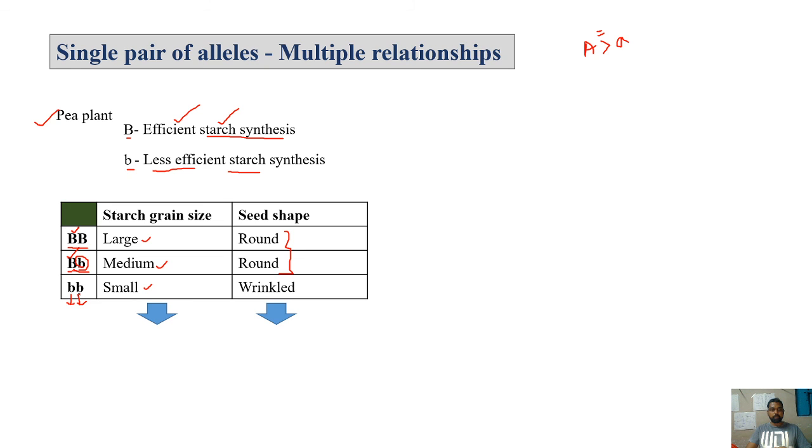But when it is small b small b, the seed will be wrinkled. Now, with respect to seed shape, what is the relationship between capital B and small b? Capital B is responsible for efficient starch synthesis, small b is responsible for less efficient starch synthesis.